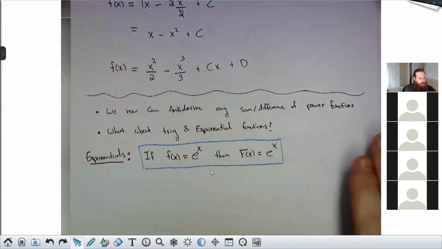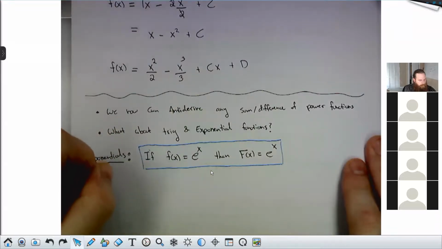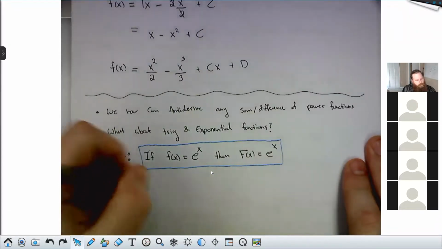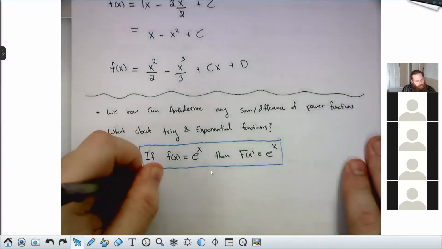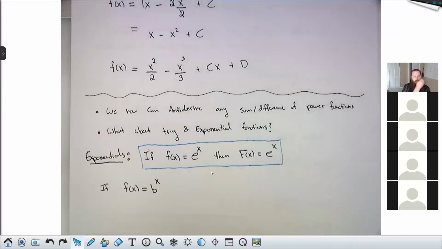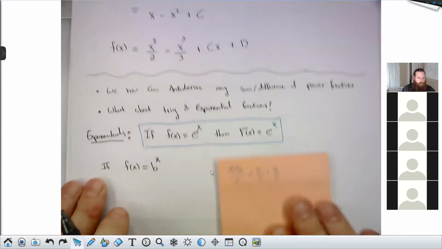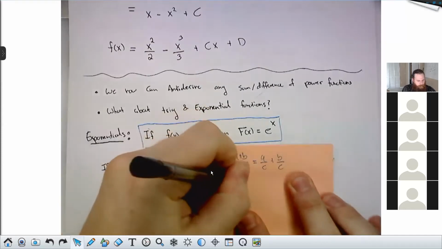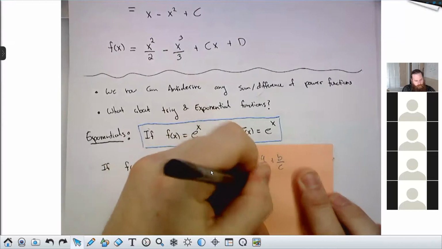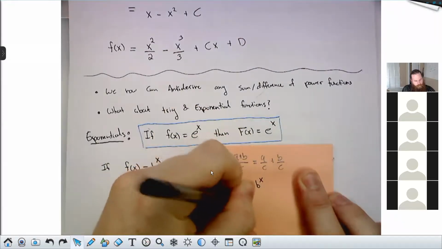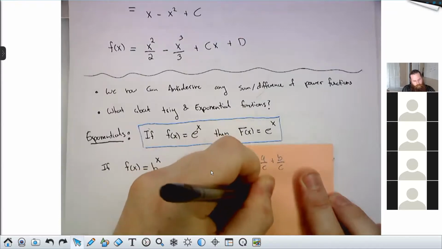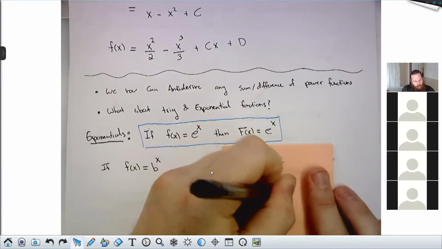What about other base exponentials? Like 2 to the x, 5 to the x, b to the x in general. It's a little harder. Let me remind you, because we may have forgotten, that the regular derivative of b to the x is b to the x times the natural log of b.